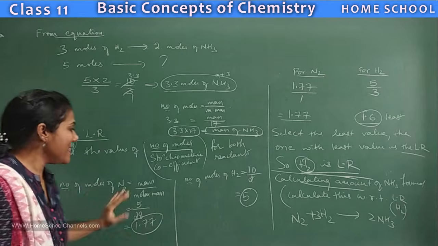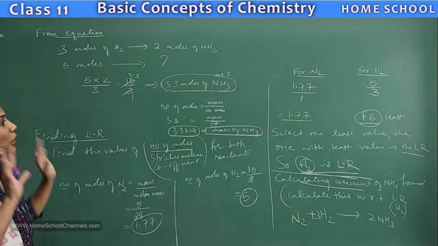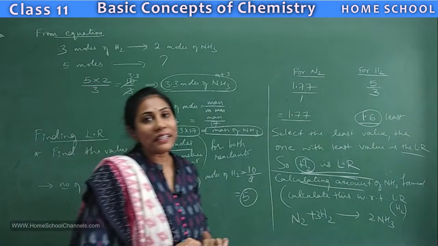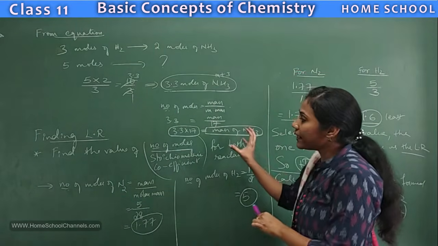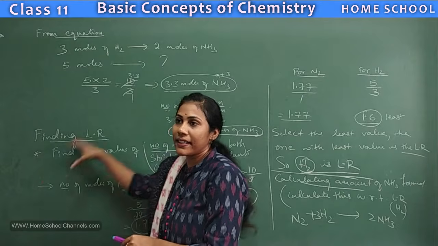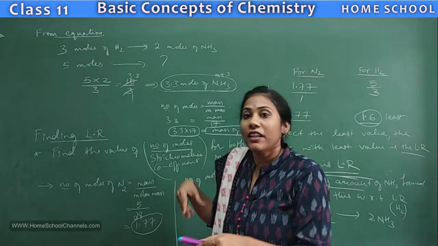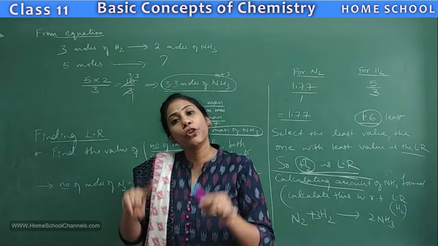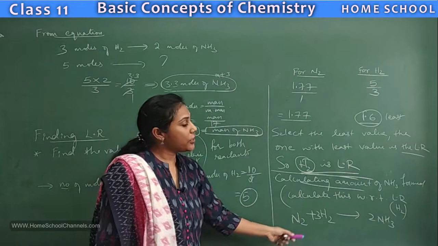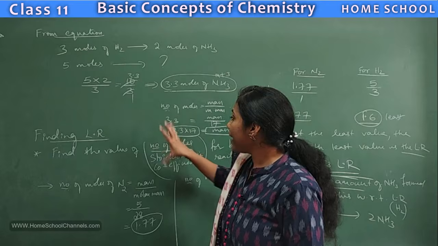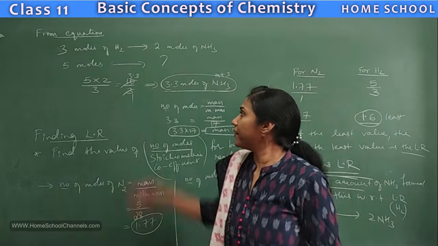This is the basic problem that you can do on limiting reagent. When they ask how much product is formed when one reactant reacts with another reactant, the major thing you need to know is the limiting reagent. With respect to the limiting reagent only, you can calculate how much product you get.